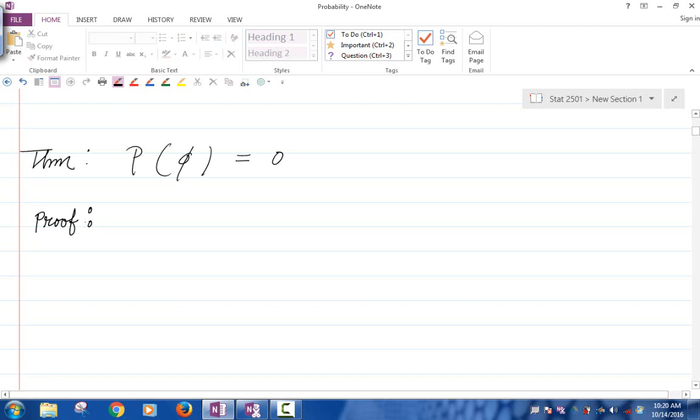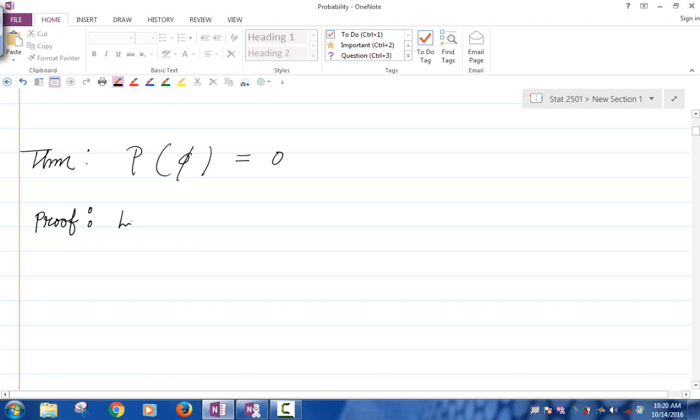Why is the probability of the empty event zero? Why should it be zero? Well, intuitively we know that we want it to be zero, right? But how do I prove it based on my three assumptions? Well, which assumption should I be applying here? Let's do the following. Let's define a sequence of events.